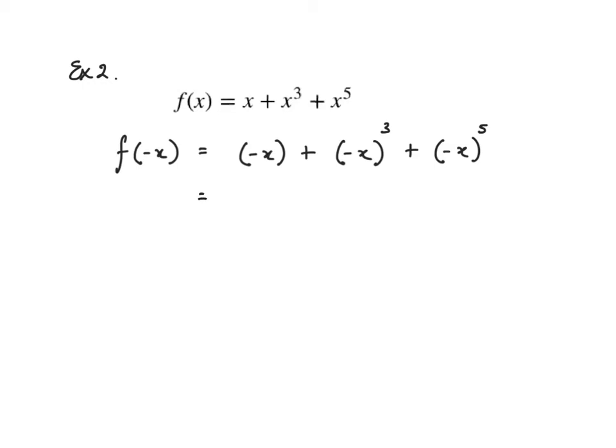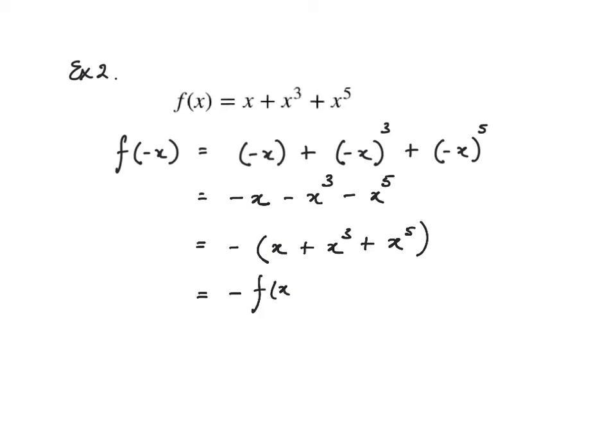So minus x to the power of 1 is minus x. We've just dealt with it, minus x to the power of 3 is minus x cubed. And minus x all to the power of 5 is minus x to the power of 5. Now, what we can do here is take out a negative 1 as a common factor, and that gives us minus f of x. And if f of minus x equals minus f of x, then the function is odd.